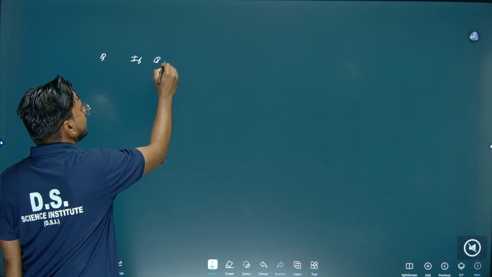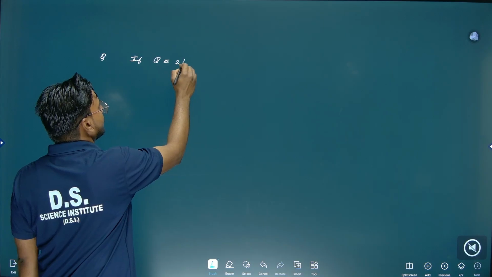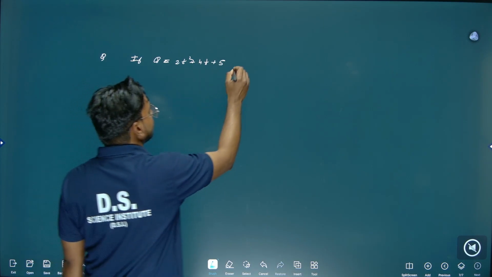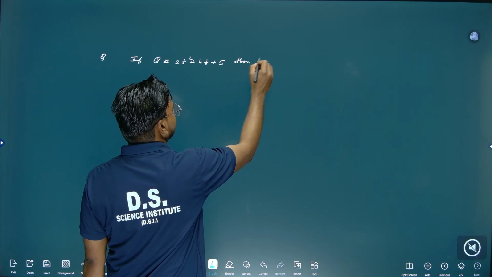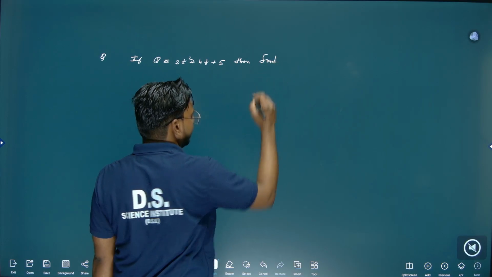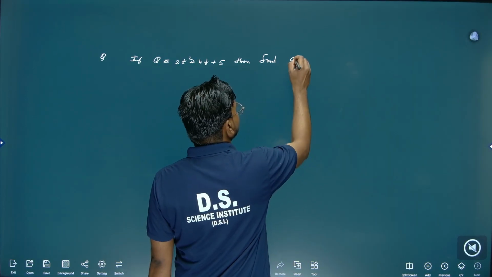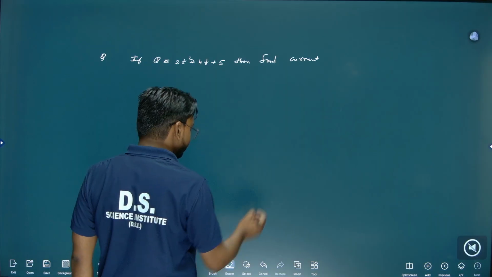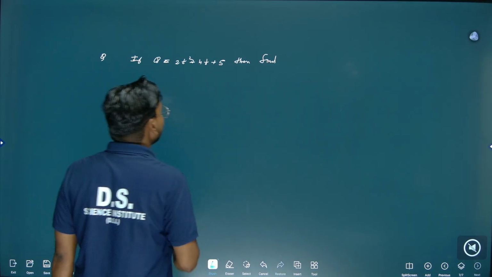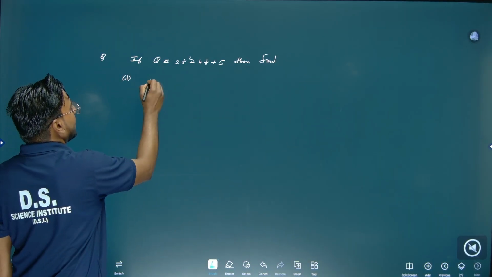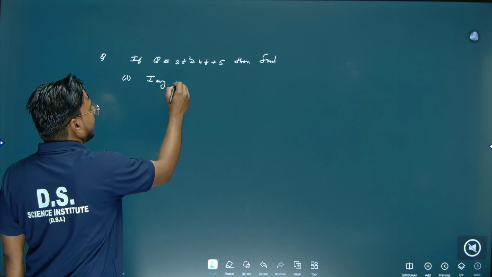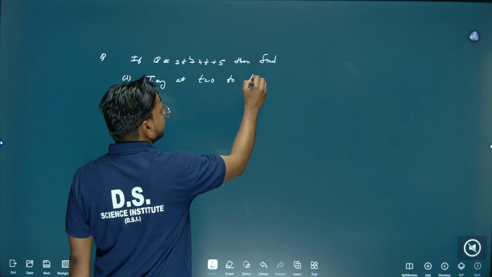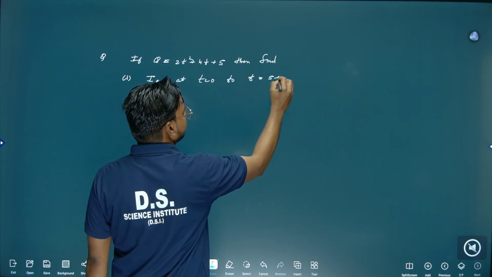If q equals 2t square plus 4t plus 5, then find the average current from t equals 0 to t equals 5 seconds.